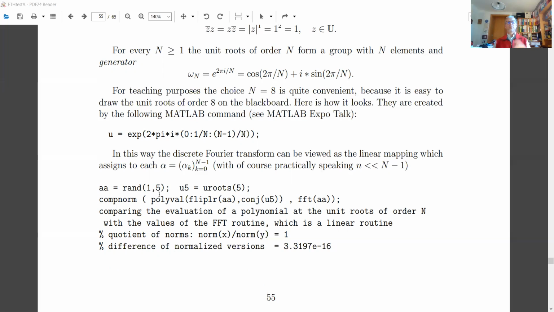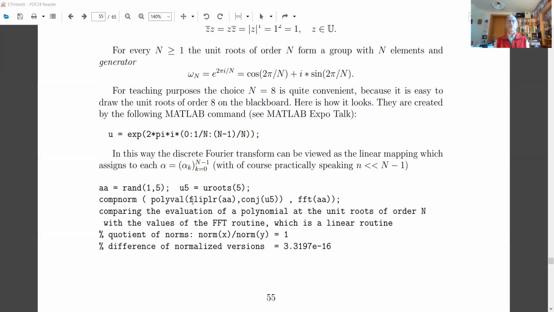Now, I have written down the comment, which you can read yourself in the text, but I would like to explain this in words now, as long as it's here. So the first modification: the discrete Fourier transform is the evaluation of a polynomial with the given coefficients at the unit roots of order n.